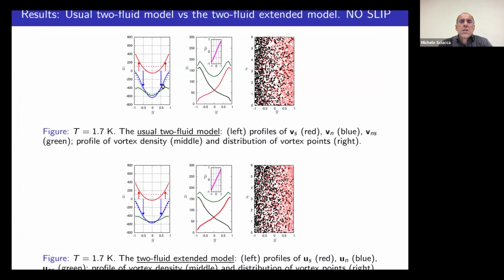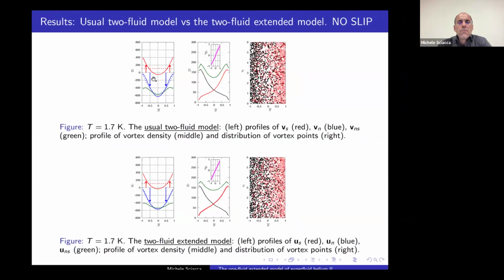What we have measured here is, with red, the profile of the superfluid component, and with blue, the profile of the normal component. We have solved the two-fluid model in 2 dimensions.